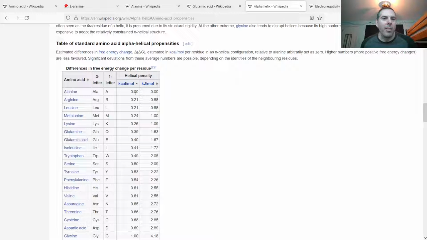So they set alanine to 0 as a baseline, and if you were to have an amino acid like arginine or leucine, you'd have a slightly larger free energy change going to that amino acid, and it states right here, higher numbers, more positive free energy changes, are less favorable. So alanine is actually the most favorable amino acid in an alpha helix, with leucine tied for second.